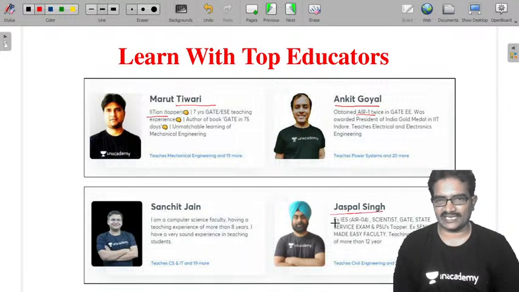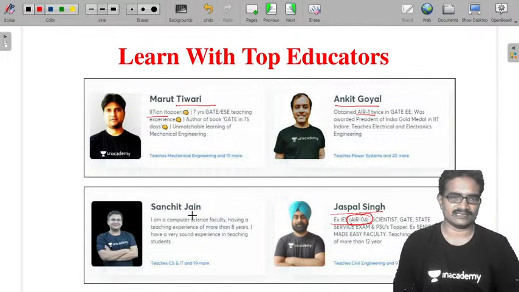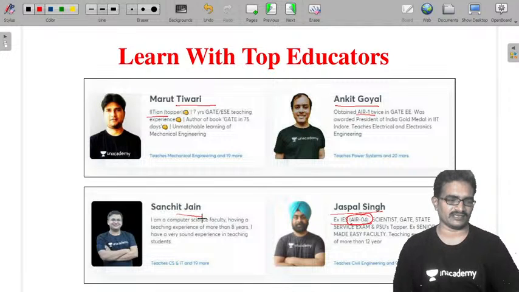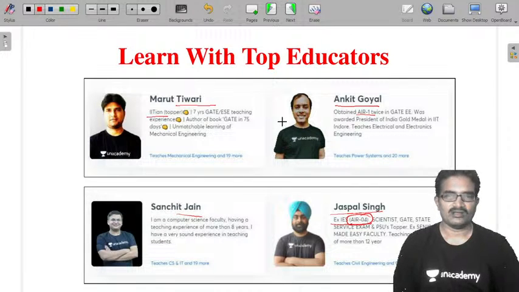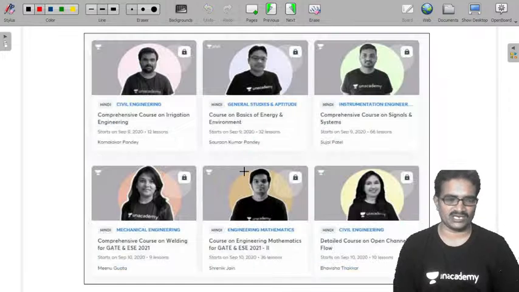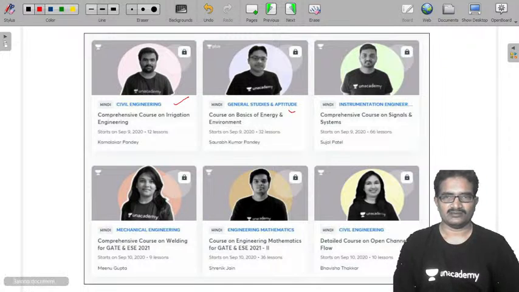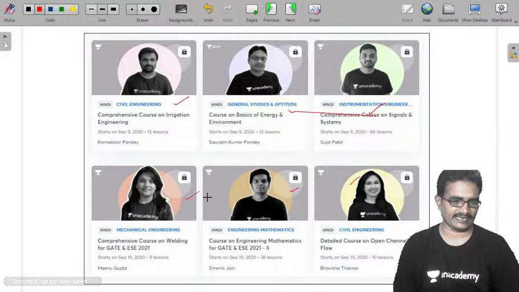Jaspal Singh sir, he is an ex-IAS officer, he got All India 4th rank. And Sanchit Jain sir, he is the top faculty in computer science and engineering. He has vast experience in computer science. Here are a few more of the top educators working under Unacademy.